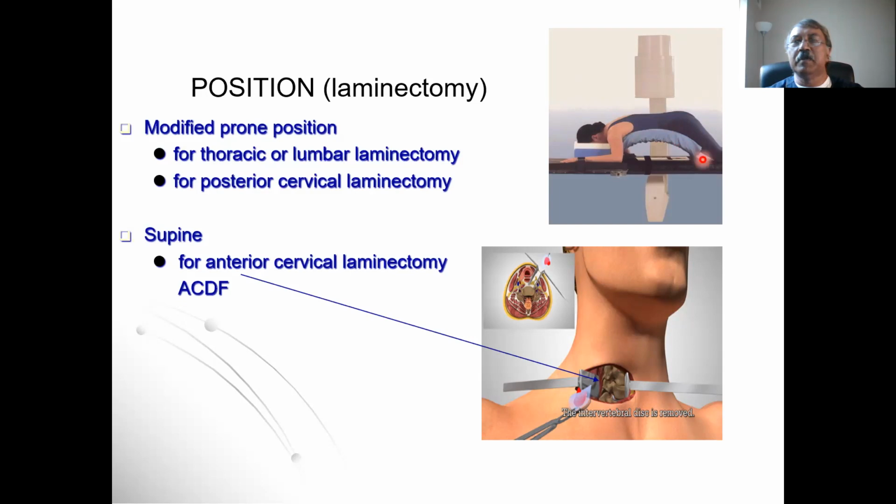This Wilson frame will be attached to the operating room table first, and then we will flip the patient after anesthesia onto this Wilson frame using 4 assistants. You need a minimum of 4 people to position the patient prone on this Wilson frame.